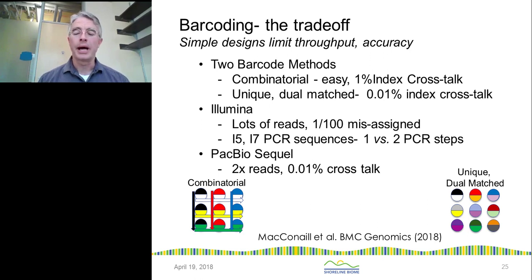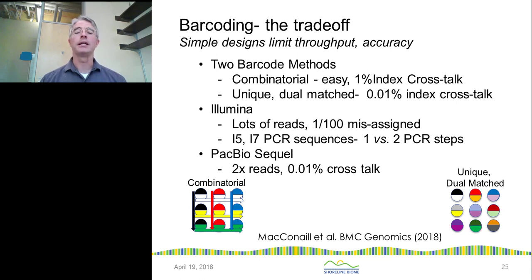With the unique dual matched, it's a little bit different in that every sample has two unique barcodes, one on the front and one on the back. And so if you read it to assign a sample to a well, you have to get both barcodes correct. And so the chances of misassigning a read are much lower when you have two cross-check barcodes as opposed to just one.